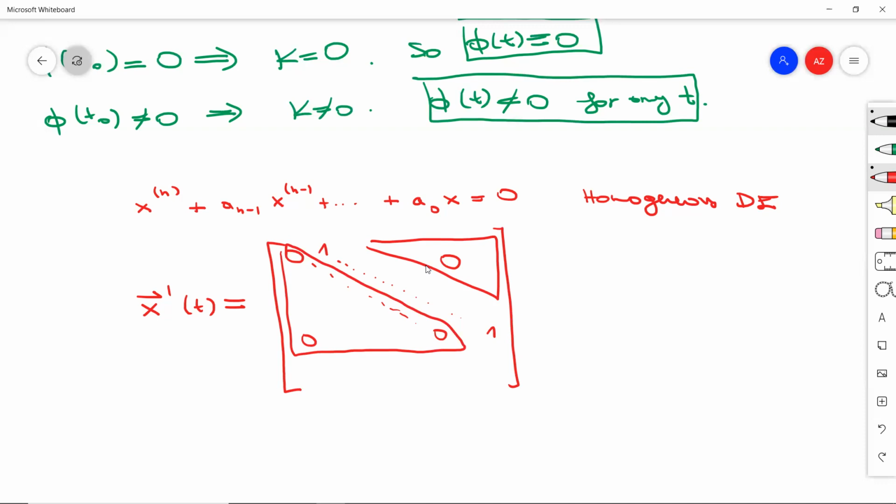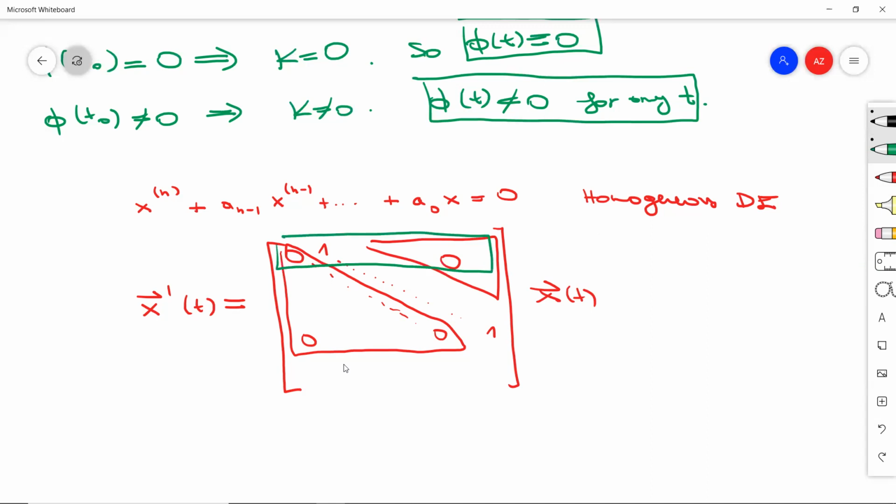Do you see why this is true? Why does it follow that for each differential equation, no matter which one, the corresponding matrix of the system is the same in the first n minus 1 rows? What is, for example, the first row saying?